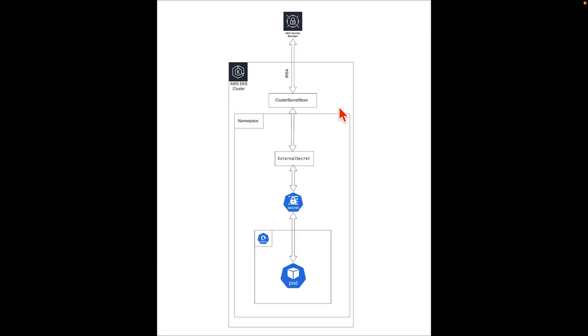In this project I also implement the External Secrets Operator. This is the architecture diagram of the ESO. The cluster secret store resource will use the AWS service. The external secret resource basically creates a Kubernetes secret based on the AWS Secrets Manager resource.